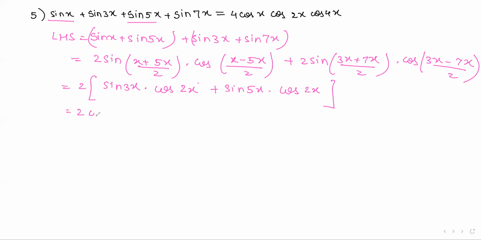Here you can again take cos 2x common. You're left with sin 3x plus sin 5x.